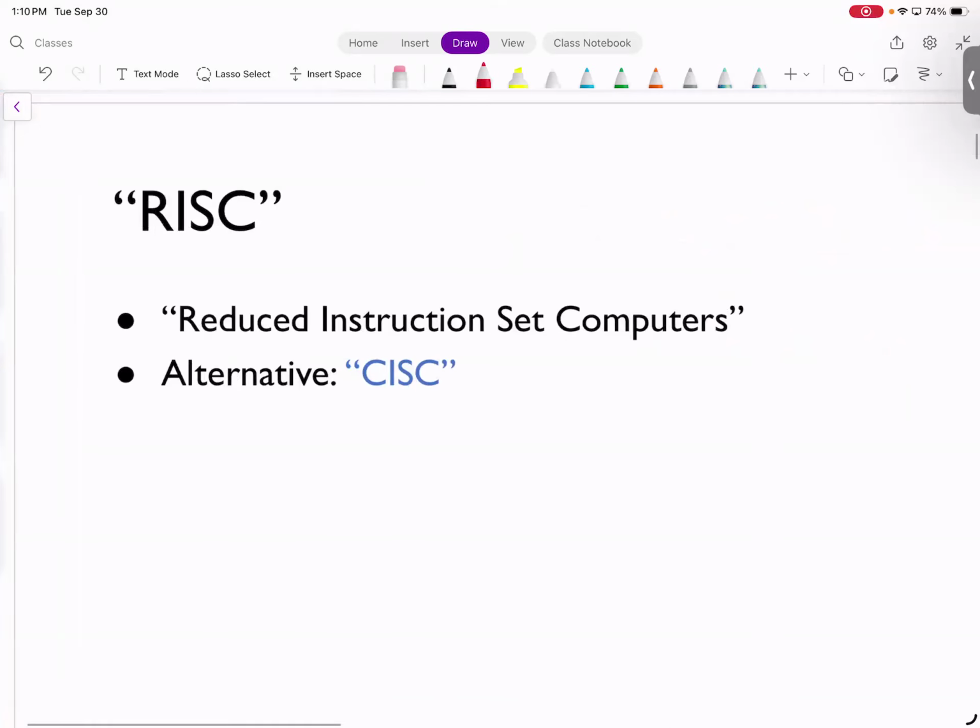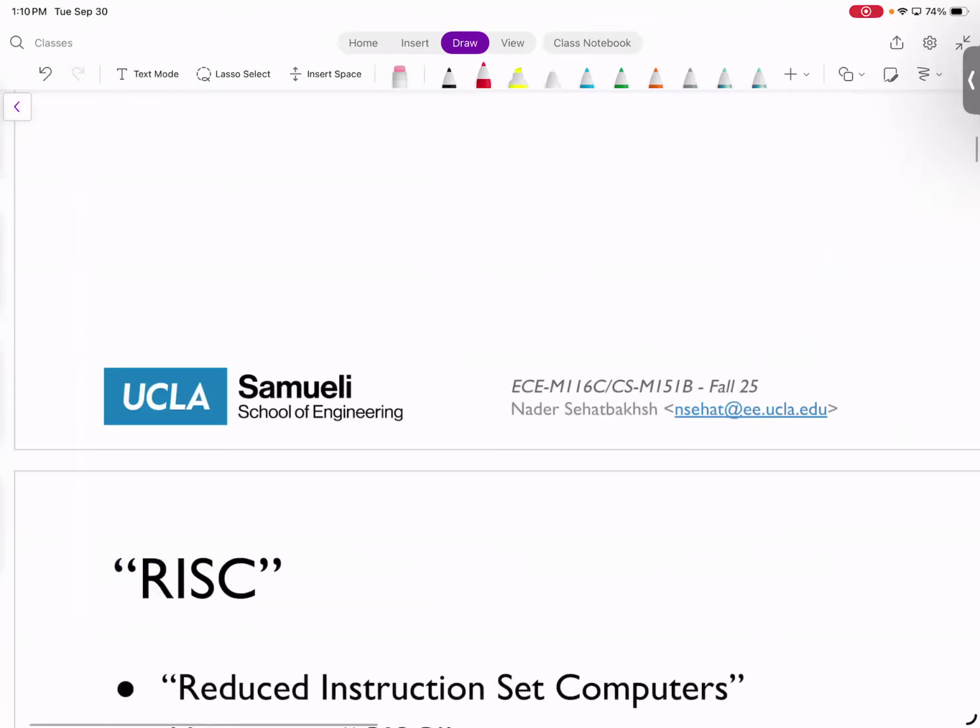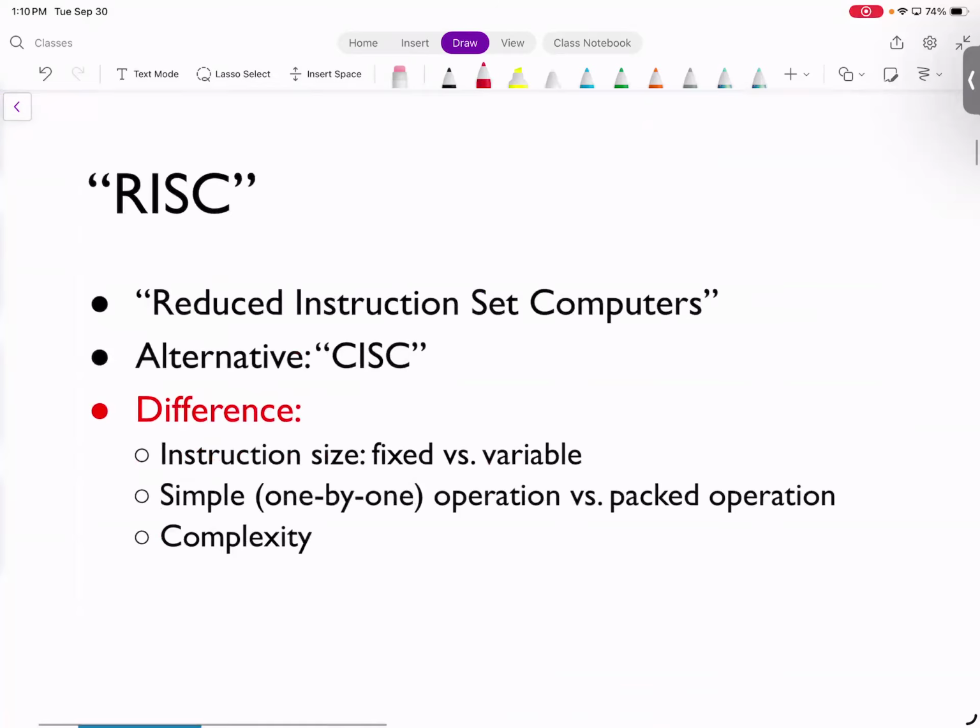Okay. So an alternative to RISC is complex instruction set computers, called CISC. The difference is RISC is fixed size. As I said, for example, in the 32 version of RISC-V all the instructions are always 32-bit, whereas CISC instructions vary. One instruction might be 16-bit, another might be 32-bit, another might be 64-bit. So decoding instructions is more complex in CISC-based architectures. In RISC-based architectures, operations are simple.